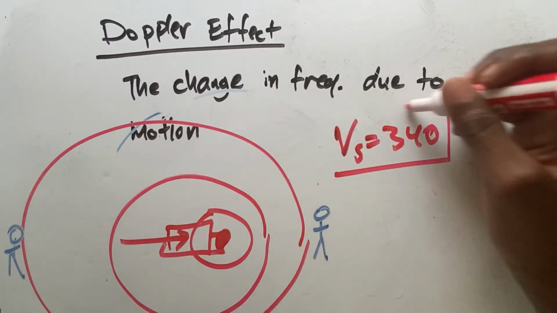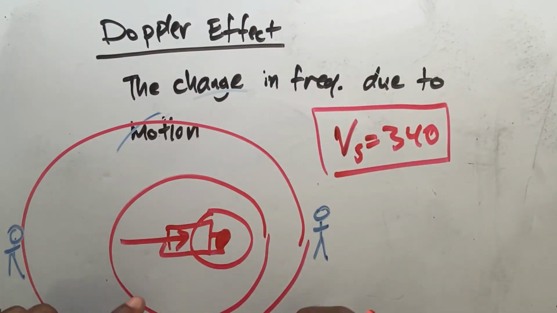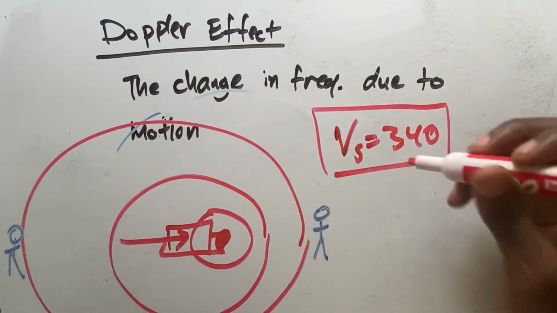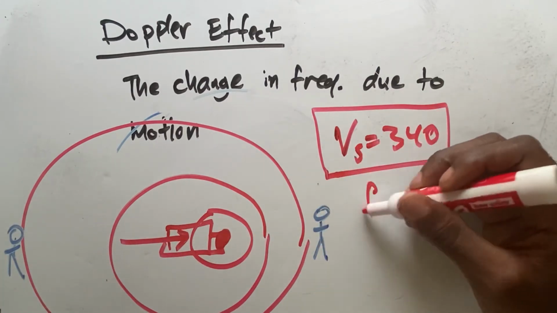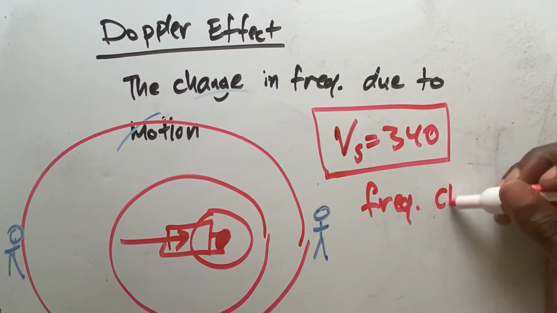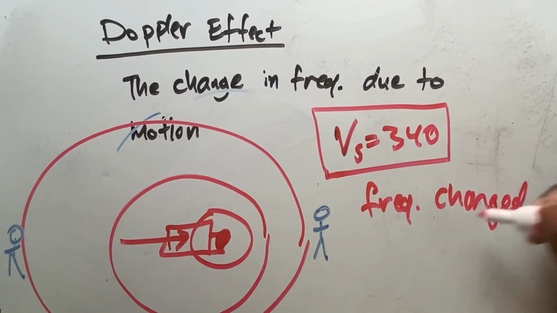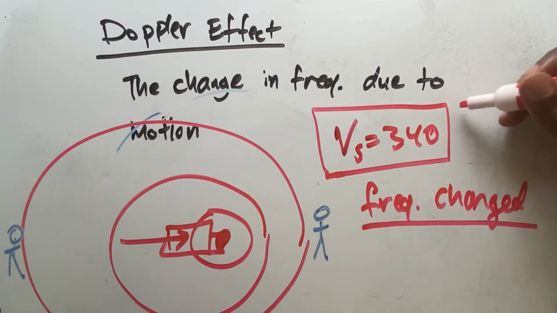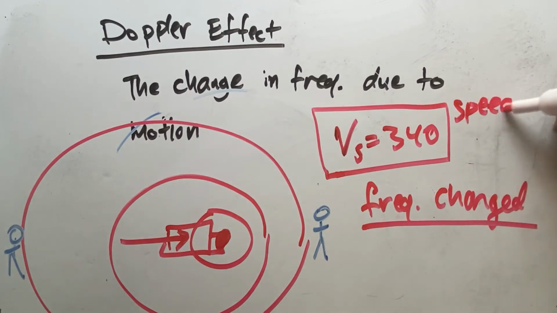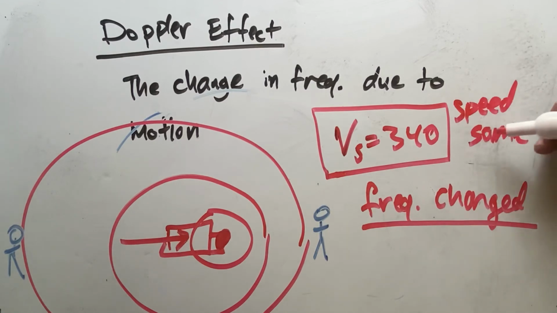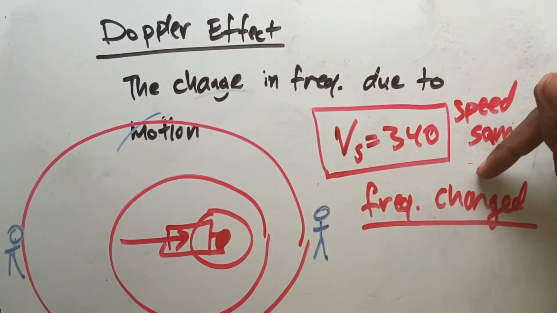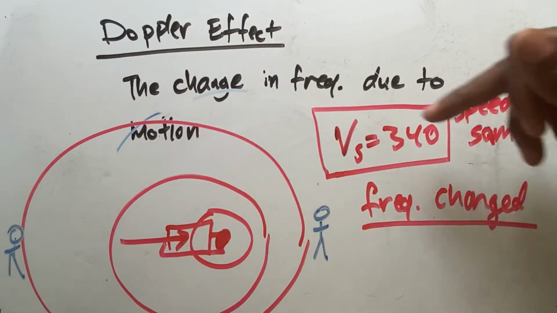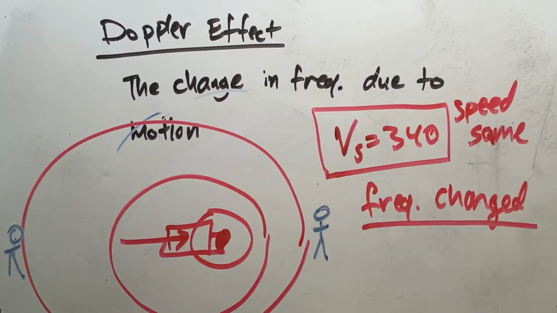That didn't change here. The only thing that did change is the frequency. So frequency changed, speed stayed the same. The Doppler effect changes the frequency, but the speed of the sound is still the same.